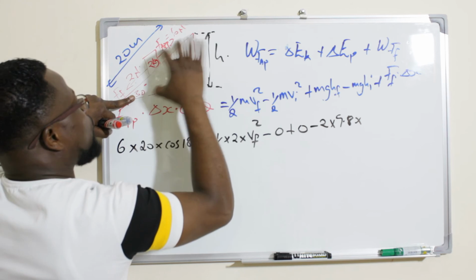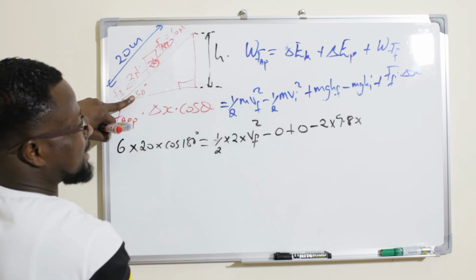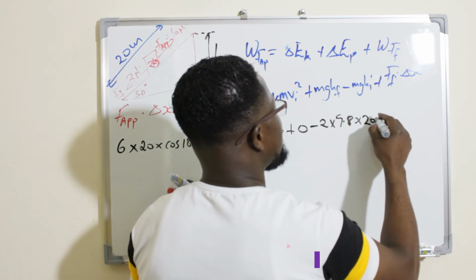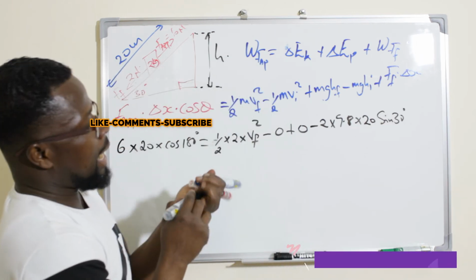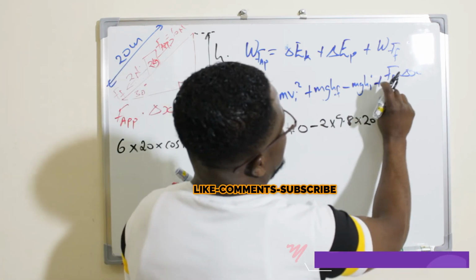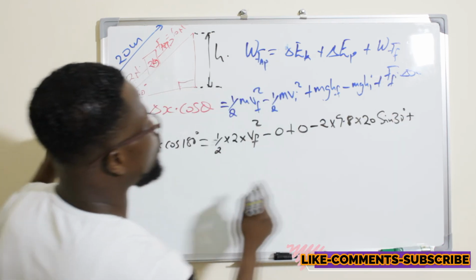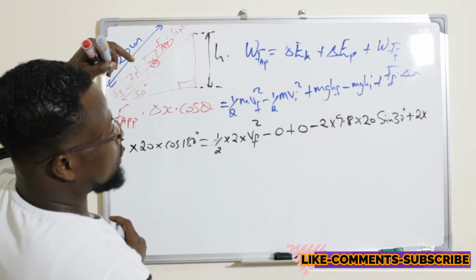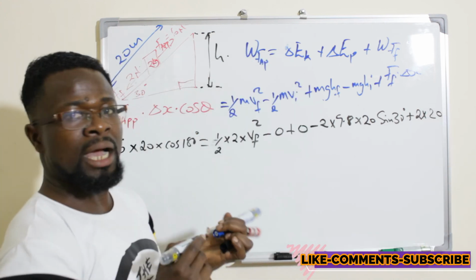So for us to look for that, it is the hypotenuse multiplied by the sine of that angle, and that is going to be 20 sine 30 degrees. And what am I going to do? I raise plus. What is the friction? The friction is now 2 multiplied by delta x, which is the displacement, and that is 20. So 20 is on the side.